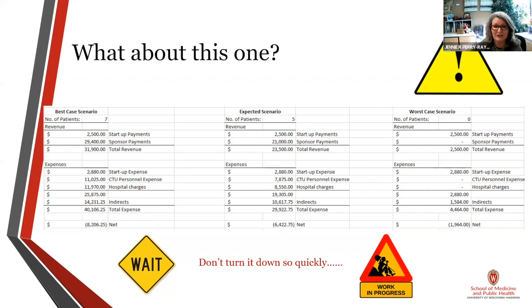If you recruit patients, you're going to lose more money. So what's the incentive to recruit there? So do you just say, forget it, throw in the towel and walk away? Not necessarily. There are things that you can do to figure out ways to maybe make this look a little bit better. Next slide.